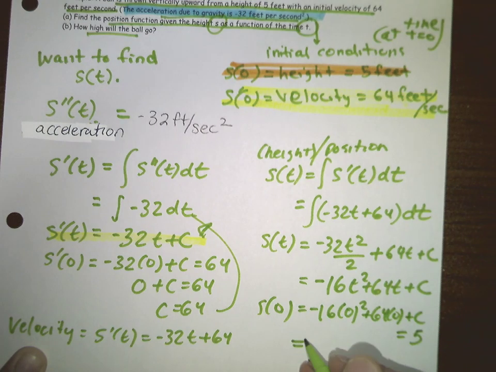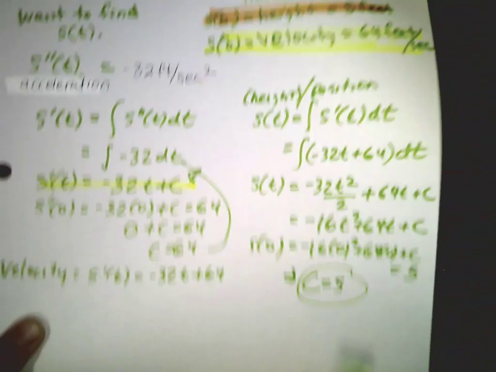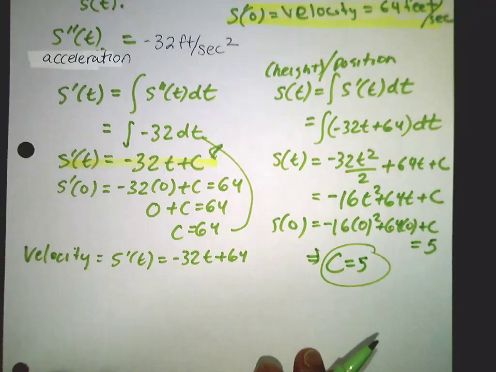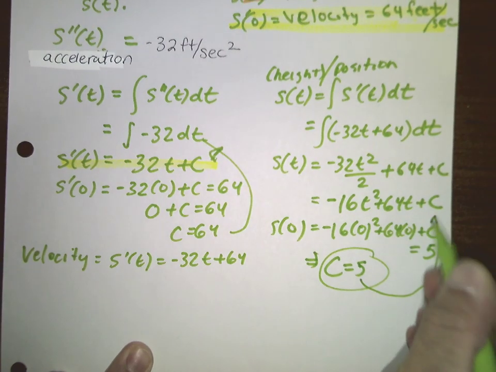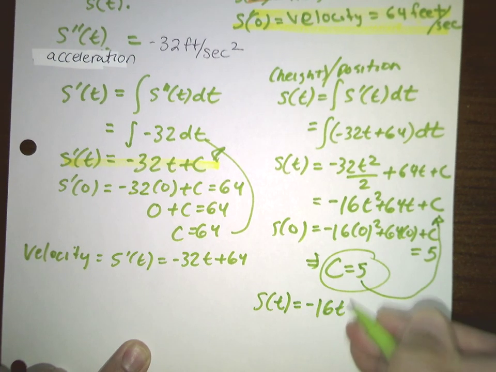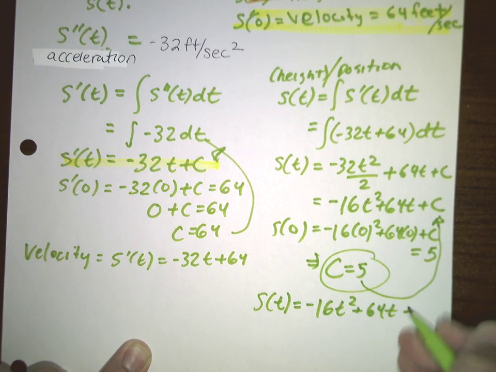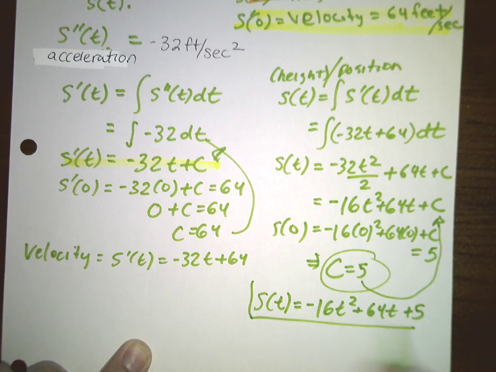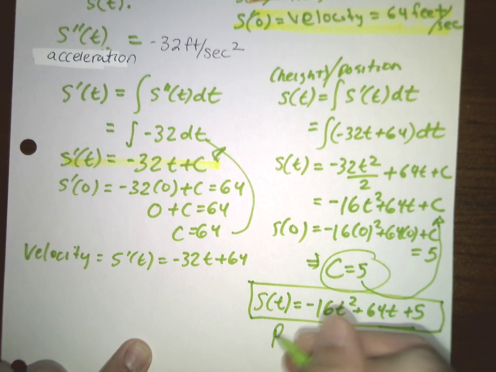So that means that c is equal to 5. So if I substitute in the 5 right here, I get s of t is negative 16t squared plus 64t plus 5.